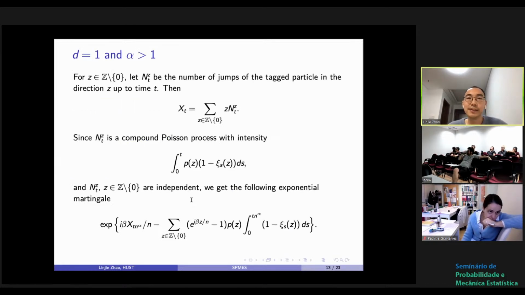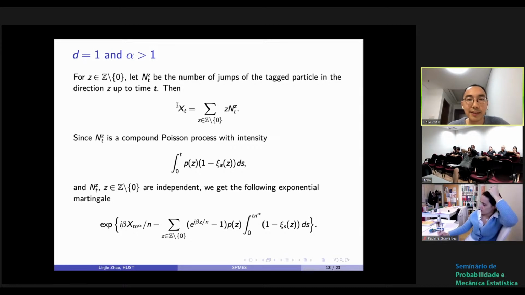As in the symmetric case, the main idea is to investigate the exponential martingales associated with the tagged particle. We first count the number of jumps of the tagged particle in the direction z, and denote it by N_t^z.